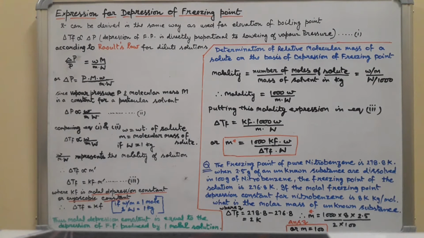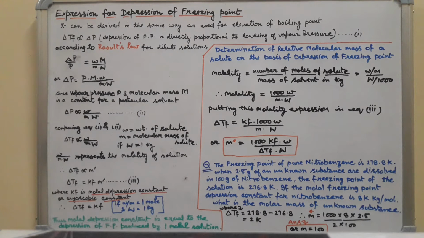Do you remember the graphical representation of the last lecture in which the variation of vapor pressure with temperature for a pure solvent, solution 1 and solution 2 was discussed? So what is the inference drawn?